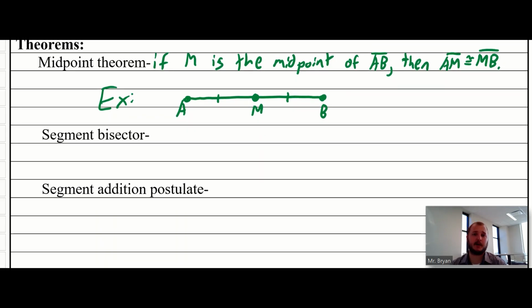Second one here, segment bisector. We've talked about this before, just want to make sure we review this just in case we see this on future problems, and this will just be the definition, okay? Segment bisector simply says this.